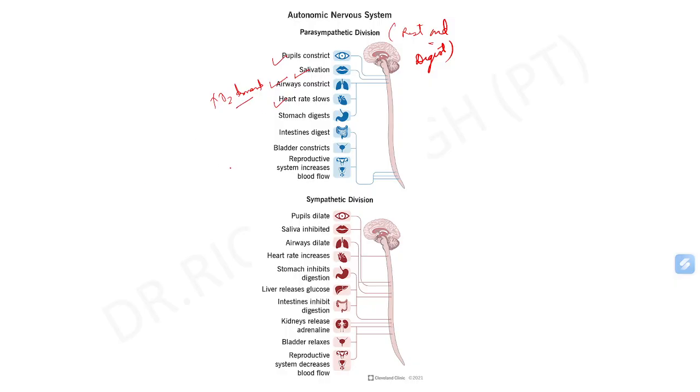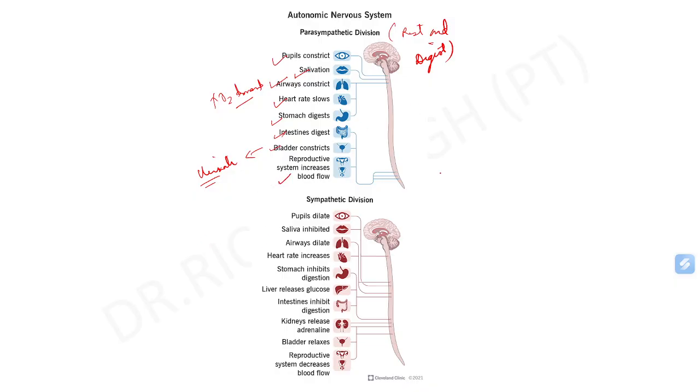Heart rate will slow down, yes, it will come to a normal heart rate. The stomach and intestines are doing digestion, and the bladder constricts, which is why you feel the need to urinate. You may not feel the need to urinate when you are running away from a dog, for example. And the reproductive system also increases blood flow.